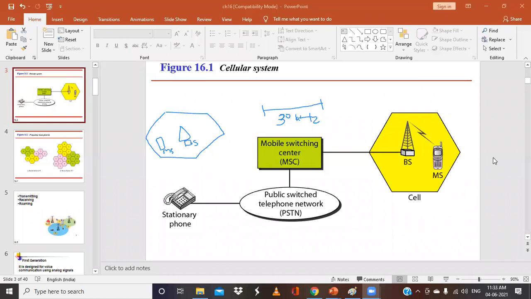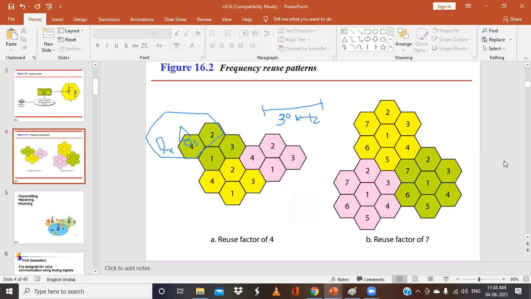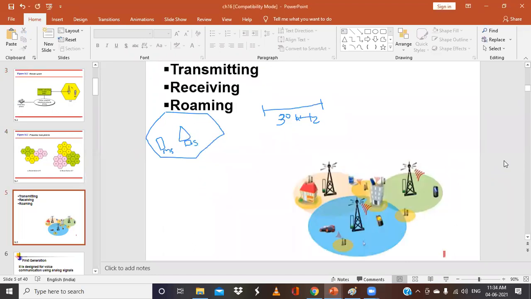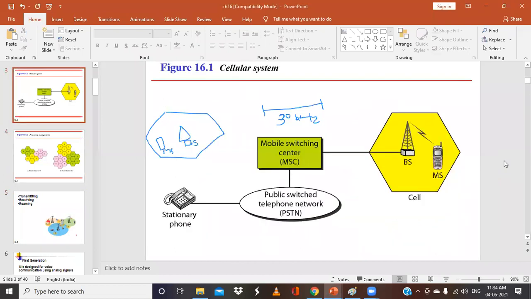So these are the important terms related to cellular telephony: transmission, receiving, and roaming. What all should you remember? You should remember what is a cell, what is a mobile station, what is a base station, what is the MSC, and what is the public switched telephone network.